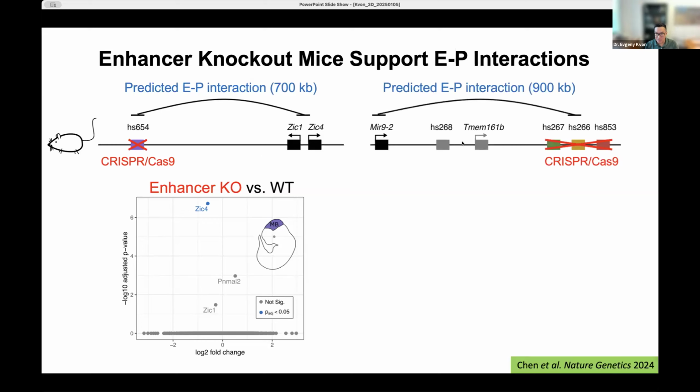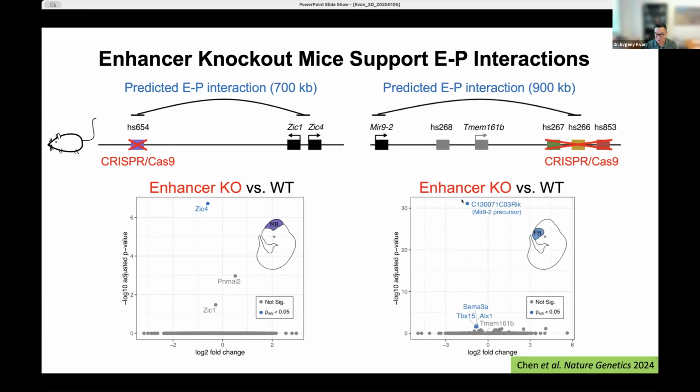And here's another example. There's a cluster of brain enhancers that are contacting the miR9-2 gene across a distance of almost 1 megabase. When we delete them, indeed, the most significantly downregulated gene is miR9-2. Importantly, this gene in the middle, which does not contact these three enhancers, even though it's located closer to them, is not changing, validating the specificity of the capture Hi-C interaction.